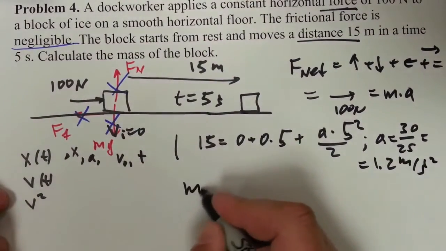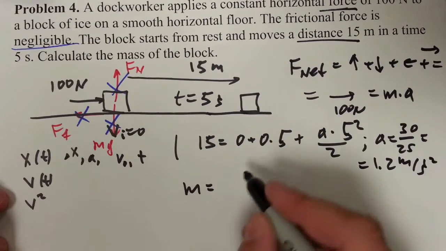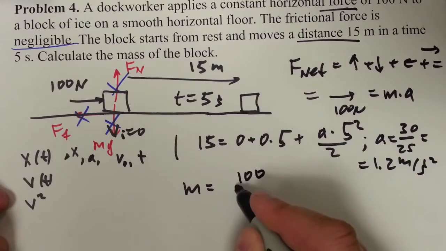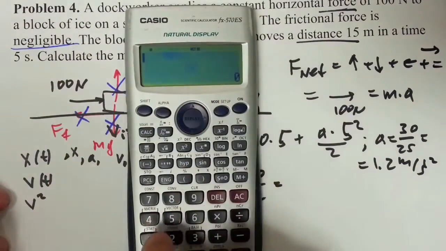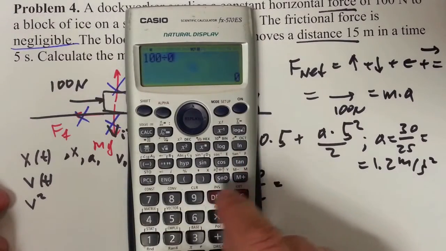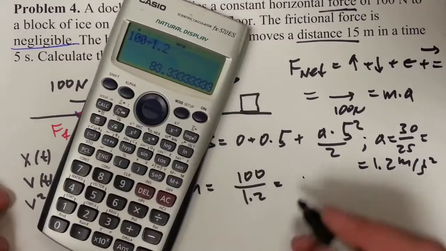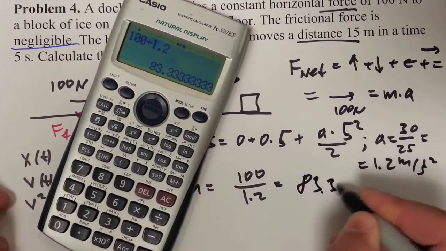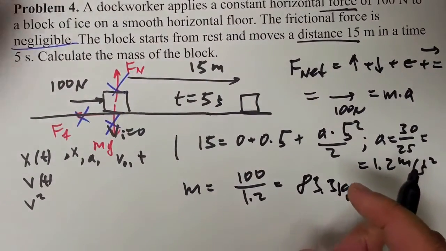So the mass we're looking for should be equal to net force divided by acceleration. About 83.3 kilograms. Moving on.